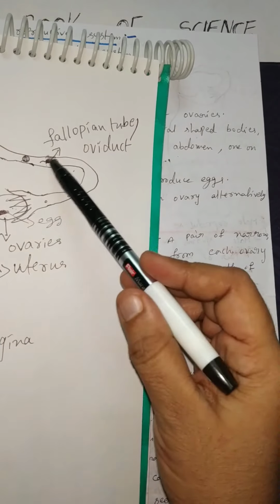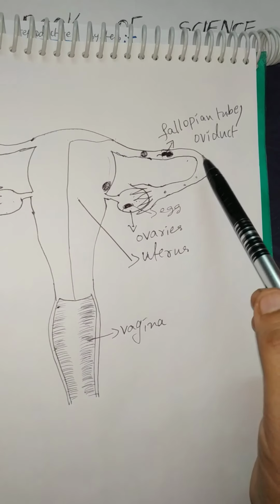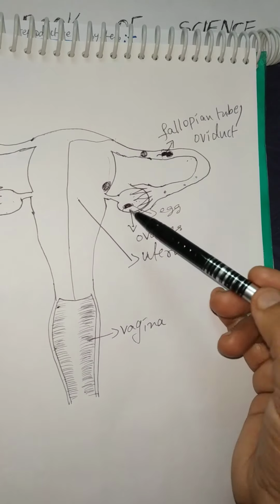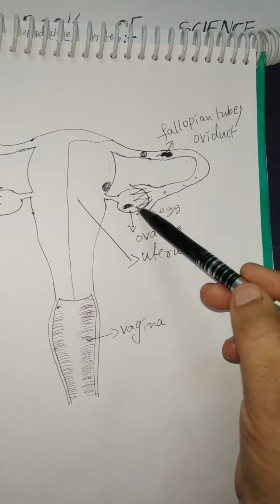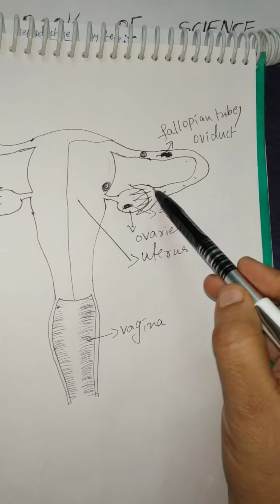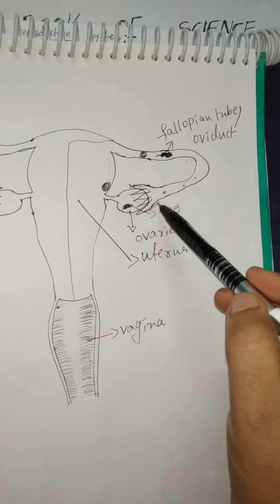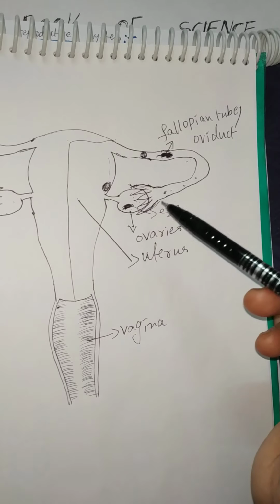So this is one pair of fallopian tubes or oviducts. The egg is released into the fallopian tube. The entrance of the fallopian tube is funnel shaped.